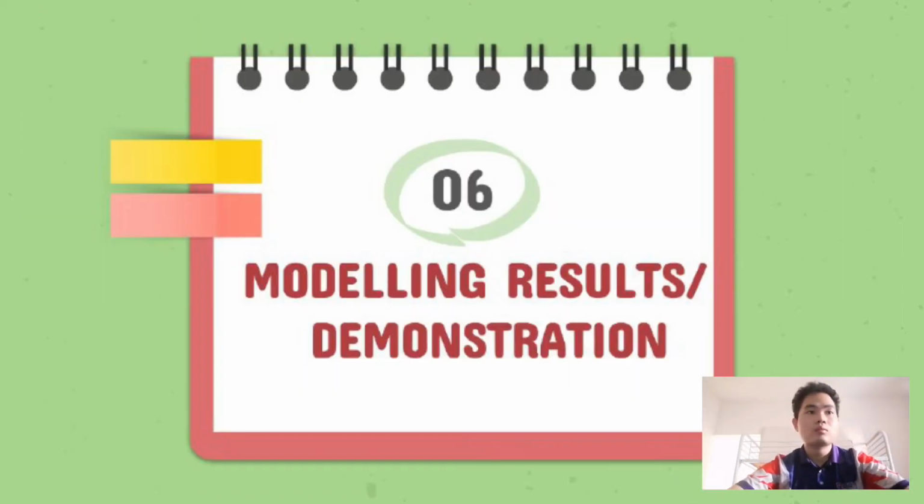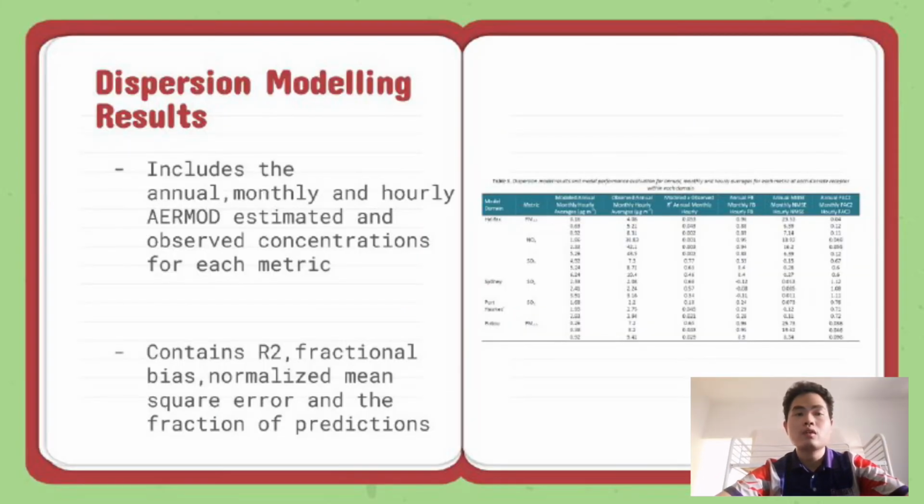Let's proceed to the modeling results and demonstration parts. First and foremost, let's see the dispersion modeling results from the AERMOD software. From here you can see this is the table of dispersion results, and it includes the annual, monthly, and hourly AERMOD estimated and observed concentrations for each metric.